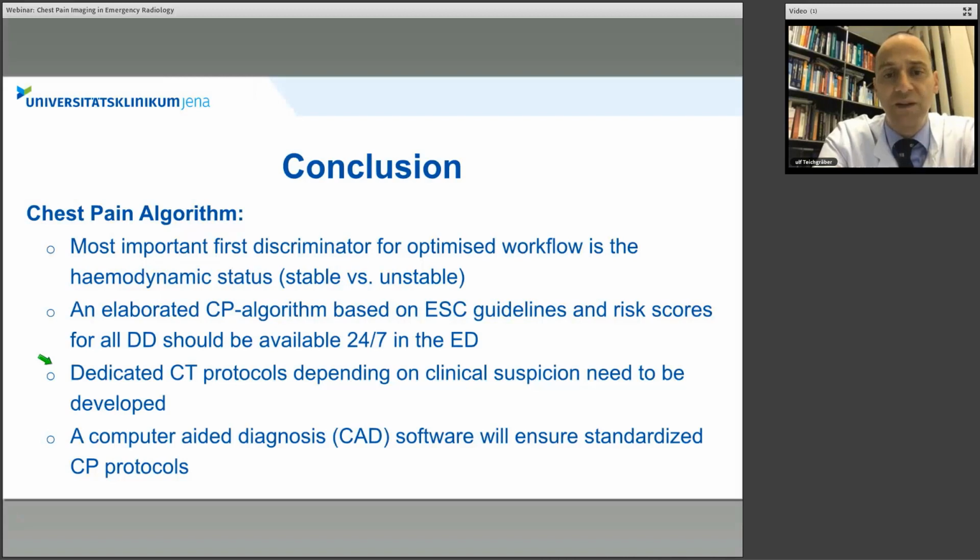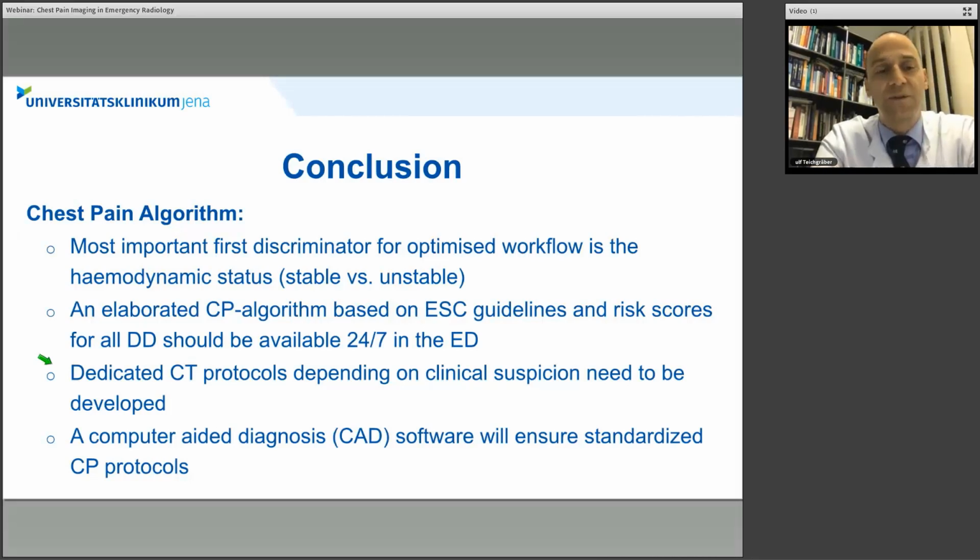I think I tried to show you the algorithm, how we are using it, and we are very strictly following the guidelines. This is the best way to communicate with your clinical colleagues, and you have fewer discussions, and you have clear definitions of how you scan your patient.